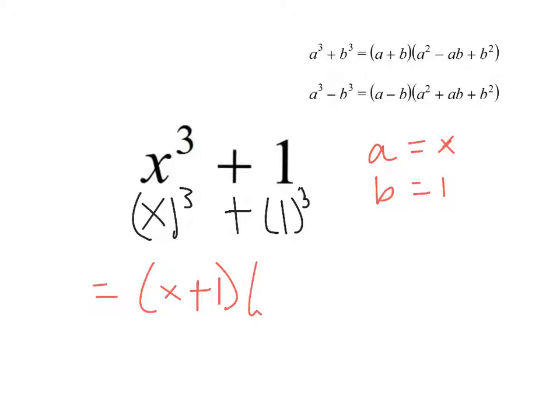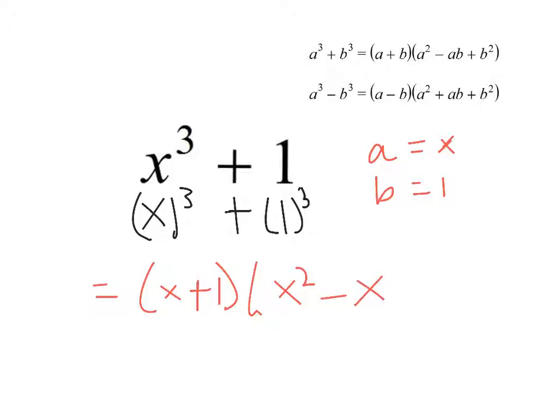And now we're going to go to our a squared, and this is our a, so a squared will be x squared, and our minus ab is going to be x times 1, so minus x. We can put a minus between them, so it's minus x.